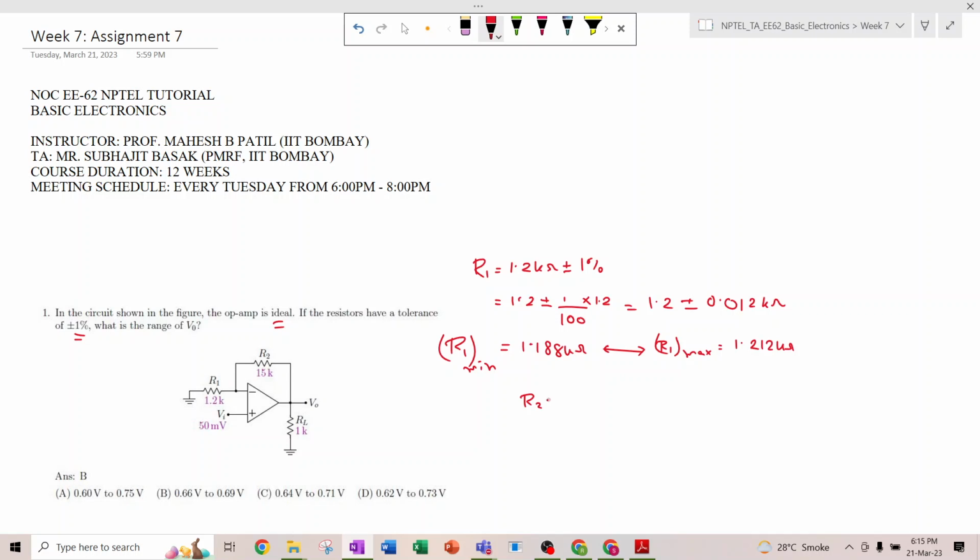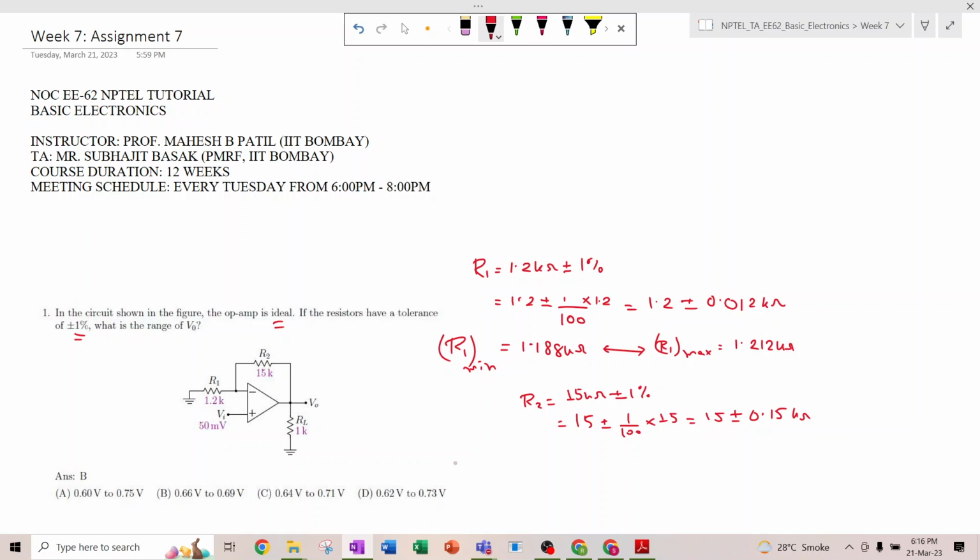R2 is 15 kilo ohm plus minus 1% of that, that means 15 plus minus 1 by 100 into 15, that is 15 plus minus 0.15 kilo ohm.